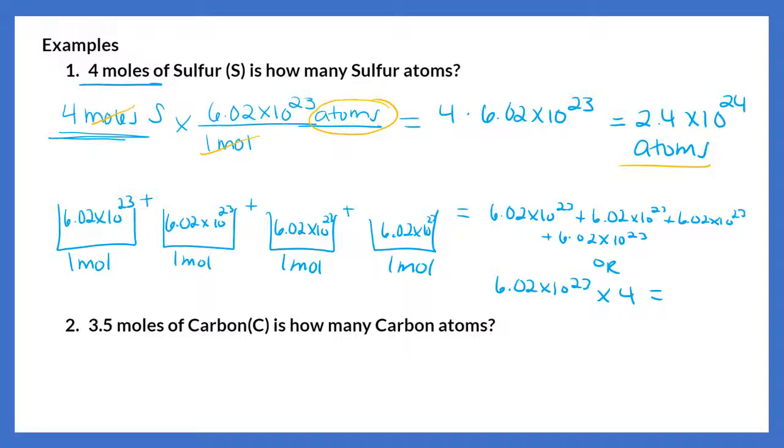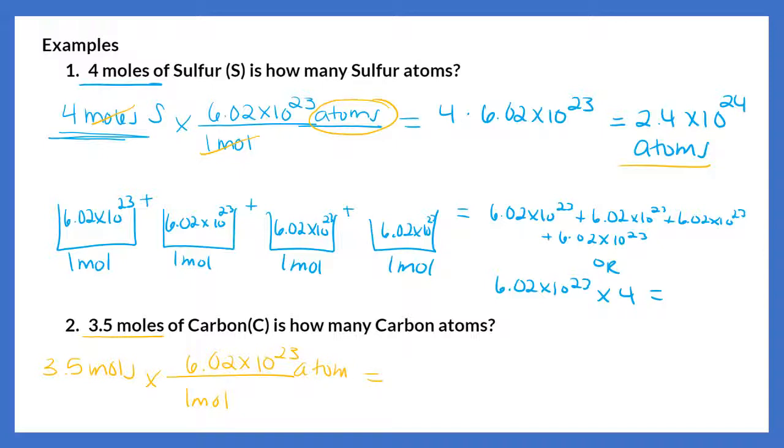Okay, and the last one says 3.5 moles of carbon is how many carbon atoms? Well, we need to start with what we have. So we have 3.5 moles. And we're trying to go to atoms, so now we know that in 1 mole, we have 6.02 times 10 to the 23rd atoms.